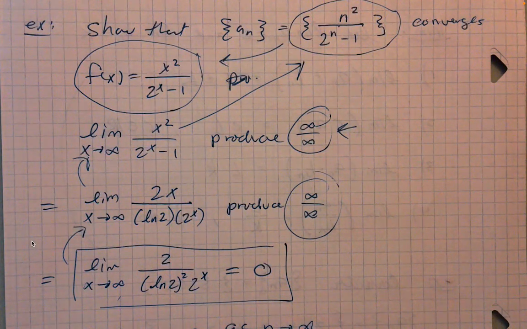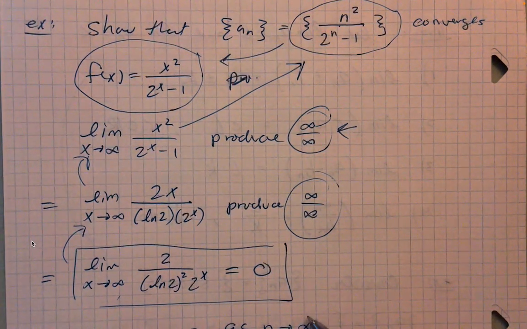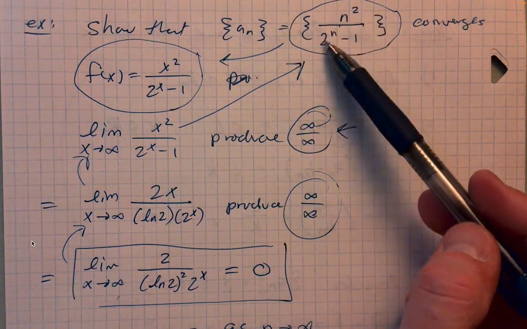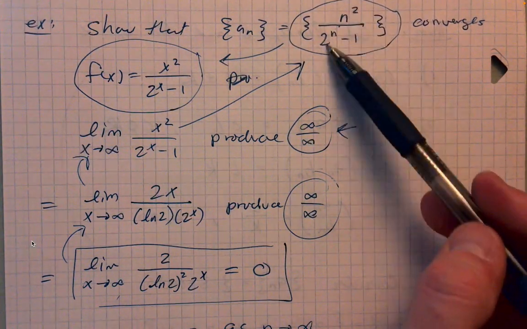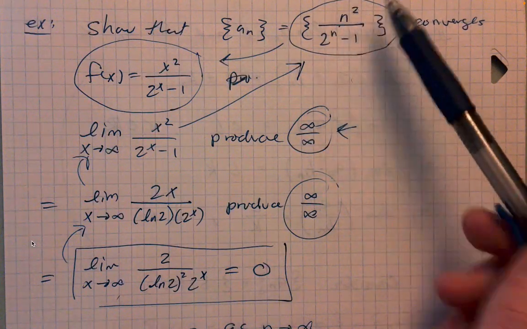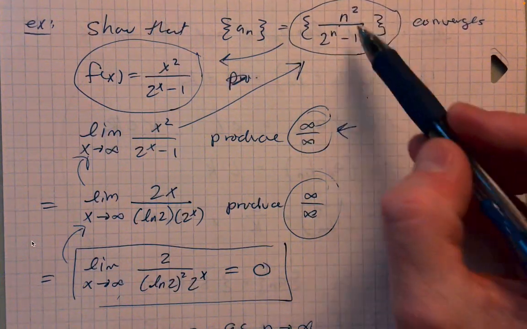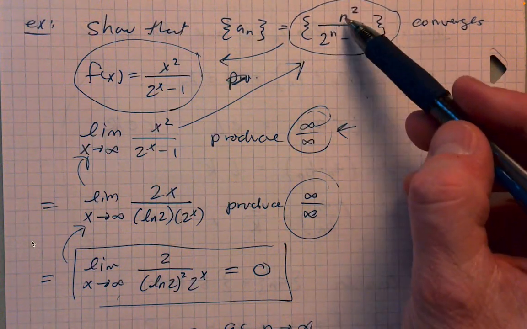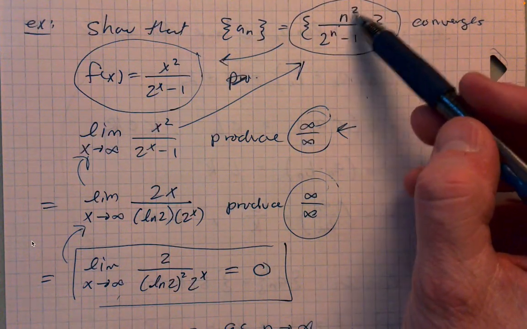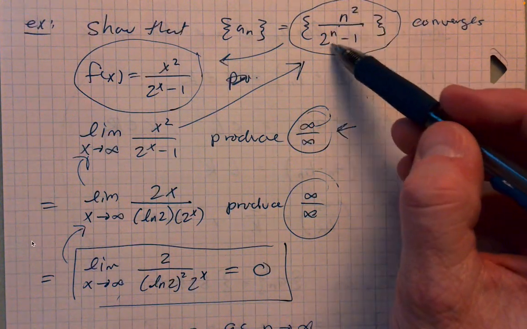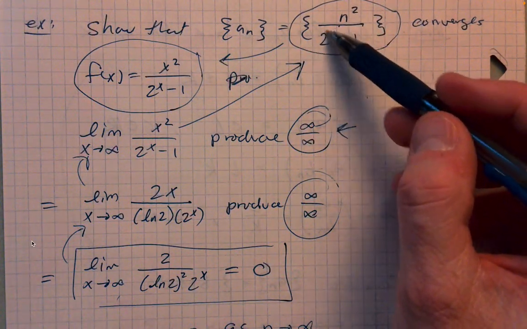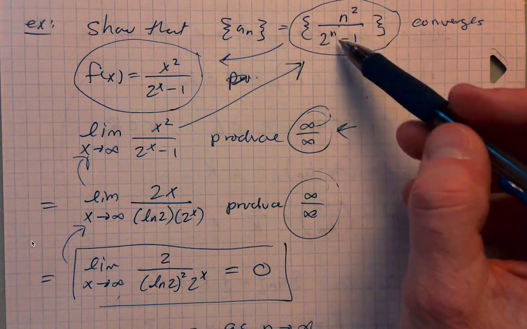Now hopefully that is reasonable. It should make sense that this numerator is going to grow pretty fast, since n is being squared successively, but this denominator is going to grow quite a bit faster, because as n grows, we're increasing the exponent.